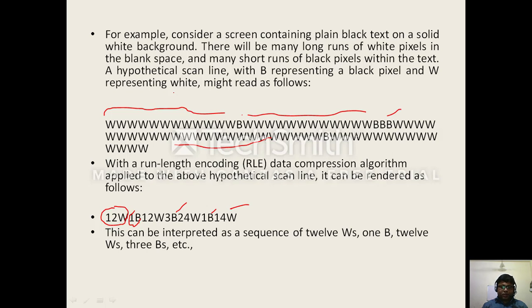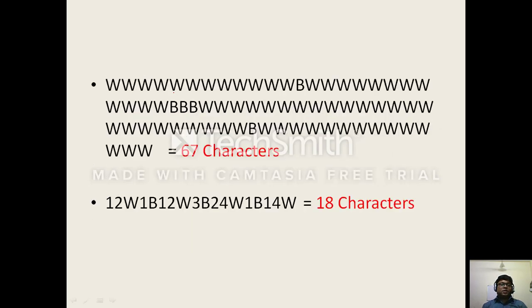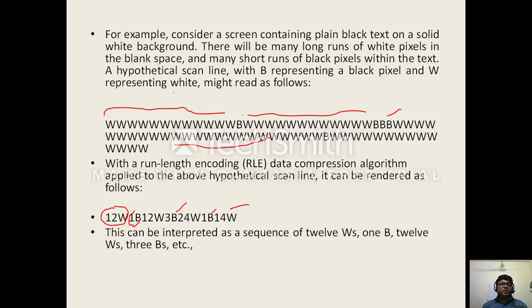What happens? We can see here that in this stream there are 67 characters, but we can code this 67 character byte stream into 18 characters in this simple way. For example, consider a screen containing plain black text on a solid white background. There will be many long runs of white pixels in the blank space and many short runs of black pixels within the text.